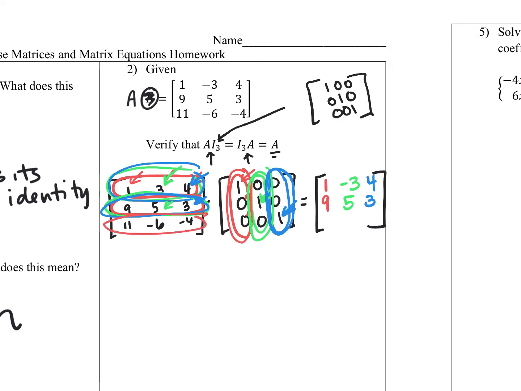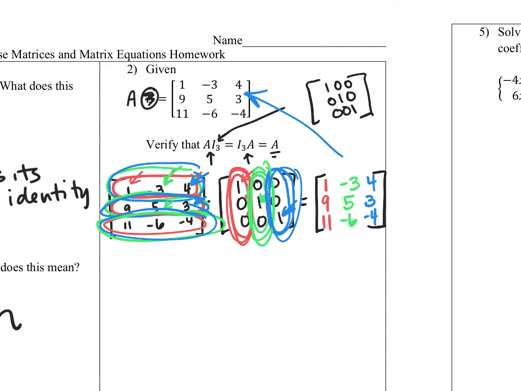We multiply 11, negative 6, negative 4. It's just going to get us the 11. And then again, that row times that column is going to get us the negative 6. That middle one's the only one that's there. And then lastly, the row times it's going to get us the negative 4. Okay, so you can see that it checks back and gets us our original starting matrix.